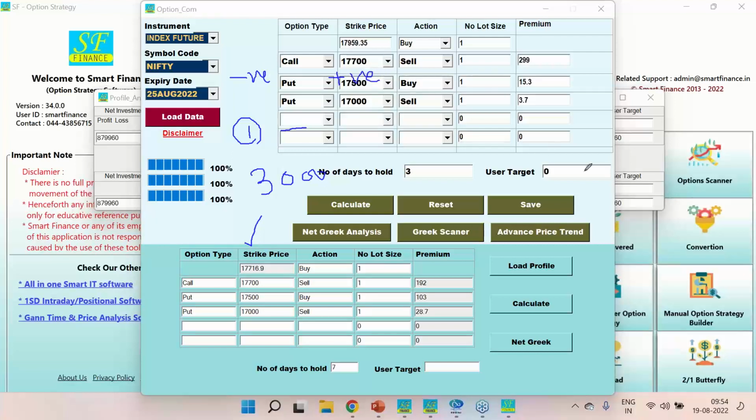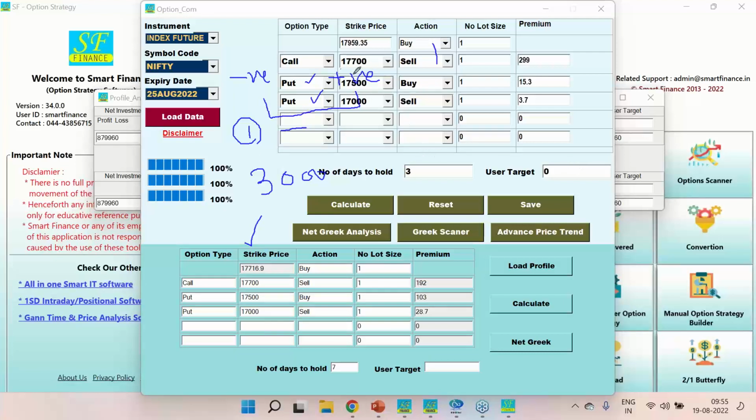So this is the migration. If you take a covered put with a wide leg bull spread, the opposite, instead of forming a bear spread, if you form a bull spread and a covered put, selling a future and selling a put option, that will benefit you when the strategy moves from positive delta to negative delta.